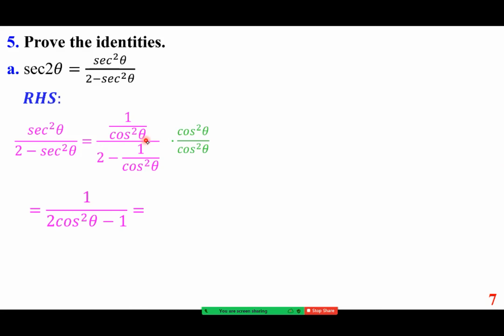And as you recall, cosine of 2 alpha has different ways of writing: cosine squared minus sine squared, 1 minus 2 sine squared, 2 cosine squared minus 1. So what is this? This is cosine 2 theta. And you know the relationship between cosine and secant is that they are reciprocal. So 1 over cosine is the same as secant. So that's the proof.